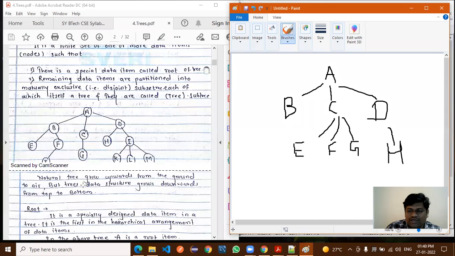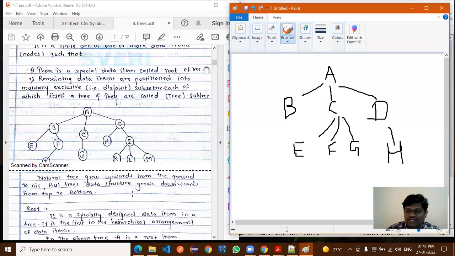And naturally, a tree grows upward from the ground, right? But the tree data structure grows downward from top to bottom. How do these trees grow, from top to bottom or bottom to top? Top to bottom, right?